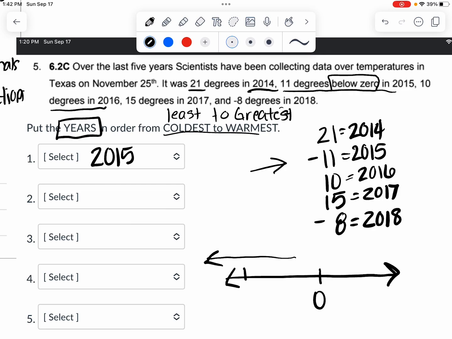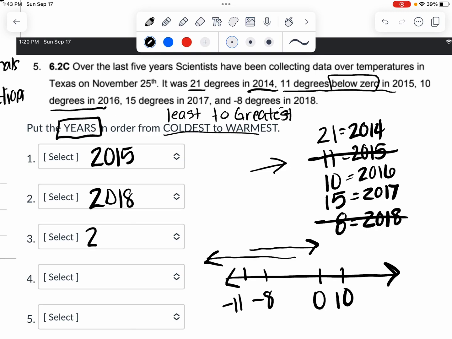Because over here I would have negative 11 somewhere. Now I'm moving to the right of the number line, so my numbers will get greater and greater. So then I would have negative 8. So that would be 2018. So I'm going to go ahead and mark these out because I'm done. And then I'm going to have 10. So that would be 2016.